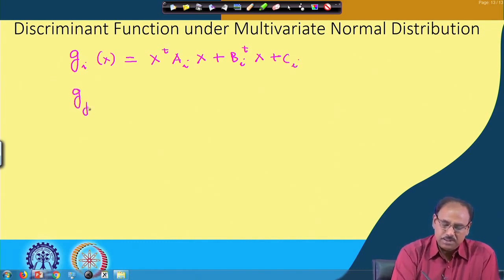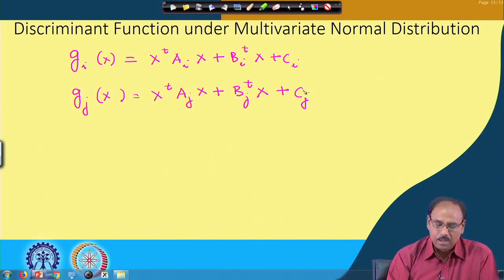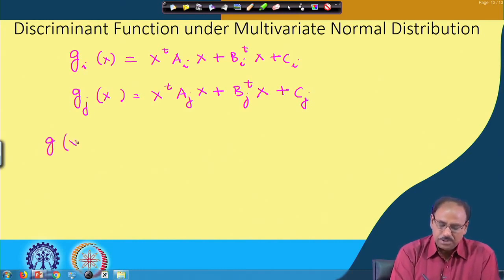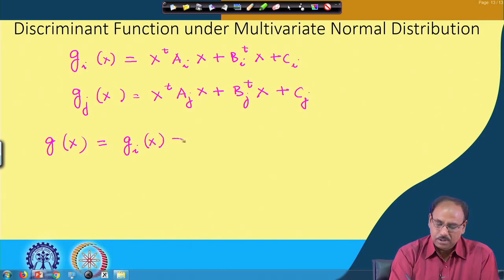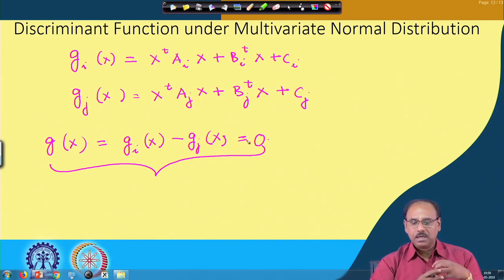Similarly, I have to compute g_j(x), which will be x transpose A_j x plus b_j transpose x plus c_j, and to compute g(x), which is the decision boundary between the two classes, I have to compute g_i(x) minus g_j(x), and I have to equate this to 0. So, whatever expression I get, that will be the decision boundary between the classes omega_i and omega_j.